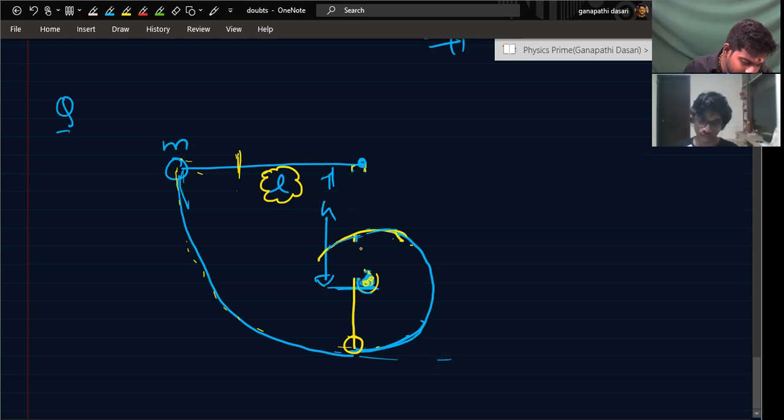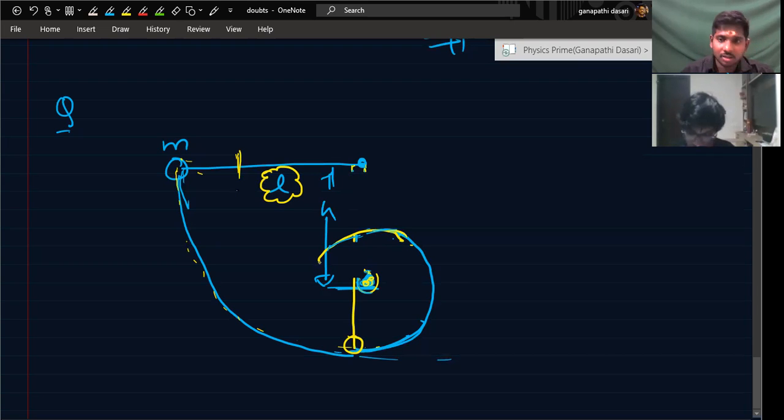For the particle to swing completely around the nail in a circle, he is asking what should be the value of h so that it should completely rotate in the circular motion, right? That is the question they are asking.